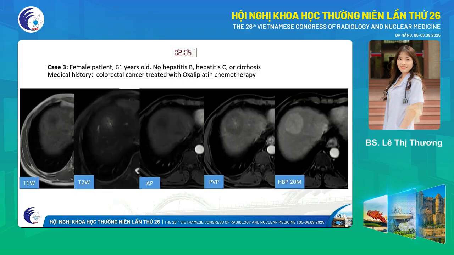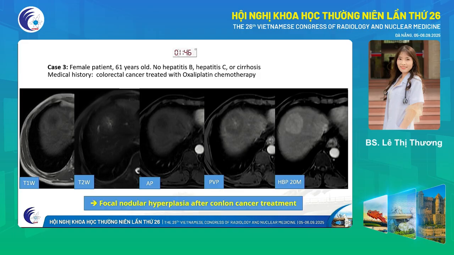On MRI, this lesion was detected hypointense on T1, hypointense centrally on T2, with slow central arterial phase enhancement and gradual peripheral enhancement in venous phase. In the hepatobiliary phase, no contrast accumulation was observed. Biopsy has confirmed this diagnosis is FNH.